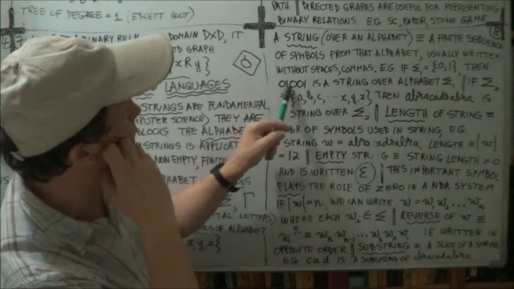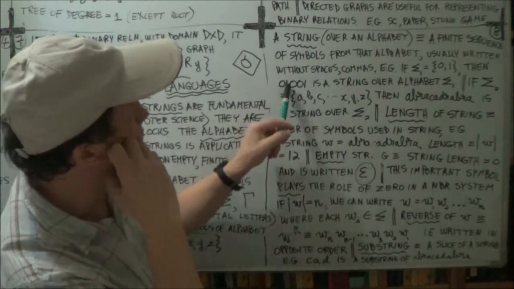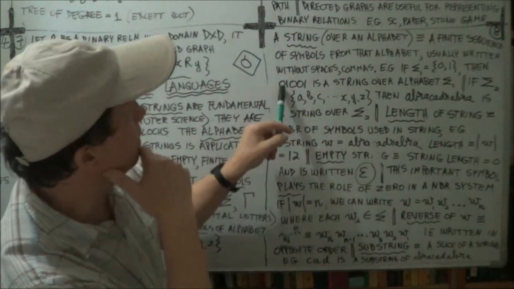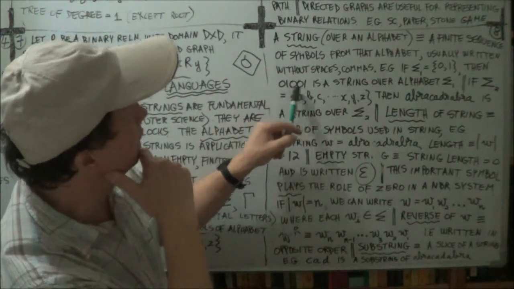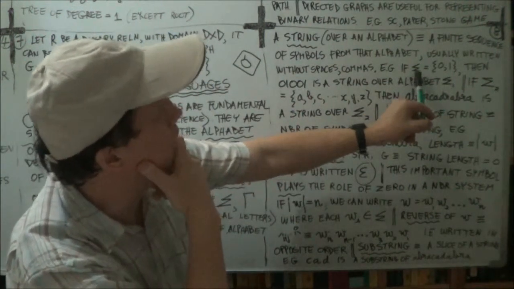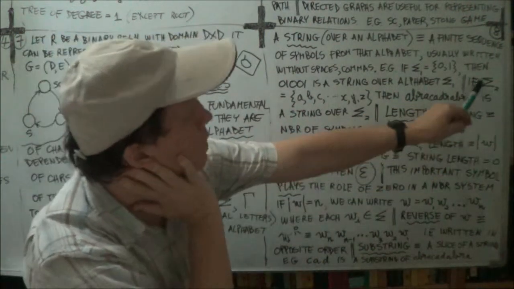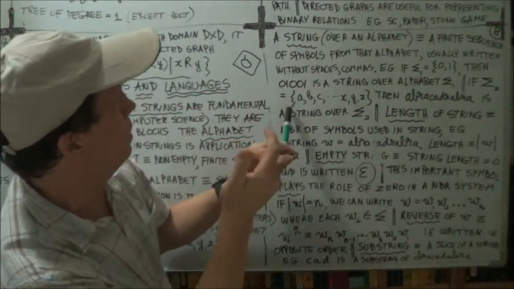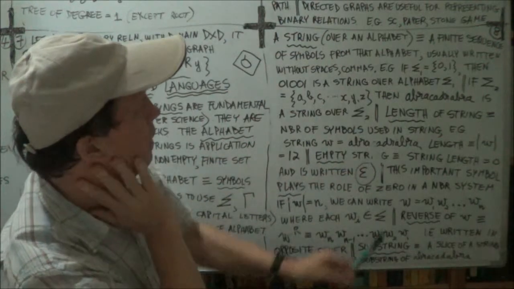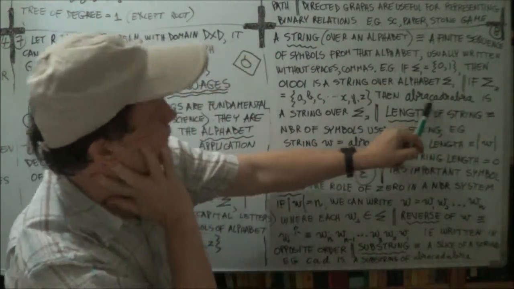It's just a binary string, a sequence of zeros and ones. So that is an allowed string for this alphabet, sigma 1. Now, if sigma 2, as before, is just the Roman alphabet, A, B, C, X, Y, Z, then this is a string.